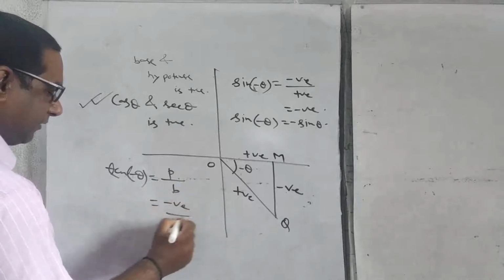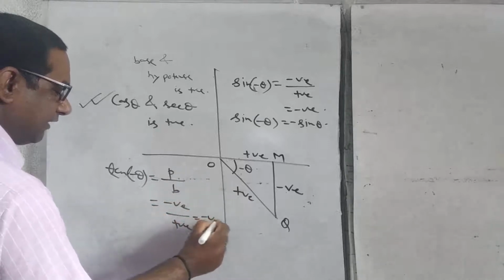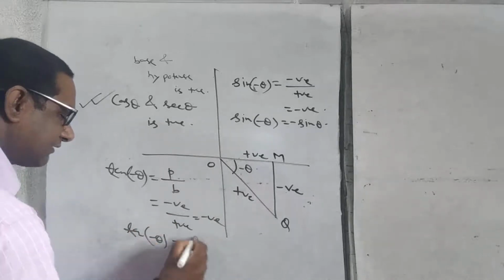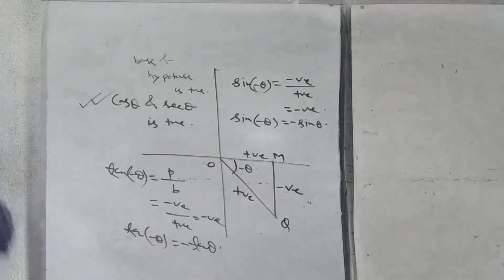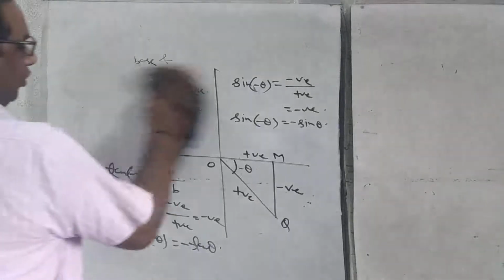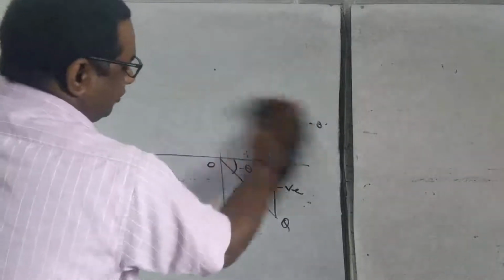Perpendicular is negative, base is positive, so it finally comes out negative. So tan minus theta is equal to minus tan theta. In this way also you can understand. This is the start of your journey of formulas in 11th class trigonometry. Now this is with respect to the fourth quadrant.